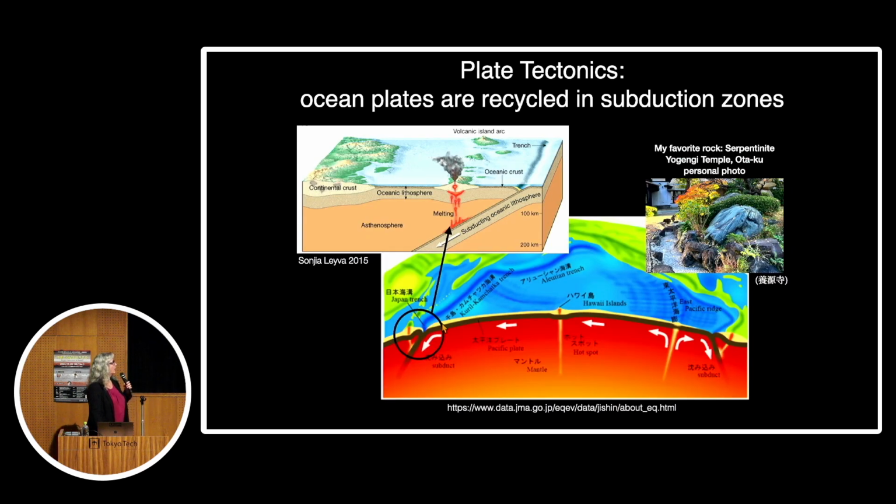And when water and basalt come in contact in certain cases, it can make the rock serpentine, or serpentinite. So the water gets incorporated in the crystal structure. It actually changes the properties of the rock, and it turns green. You might recognize serpentinite because it's often displayed as the signature rocks in Japanese gardens.